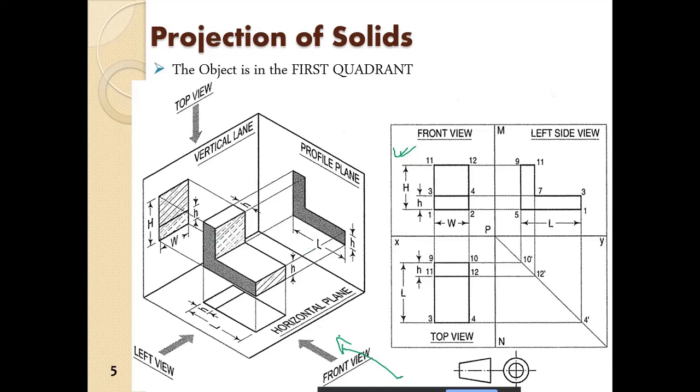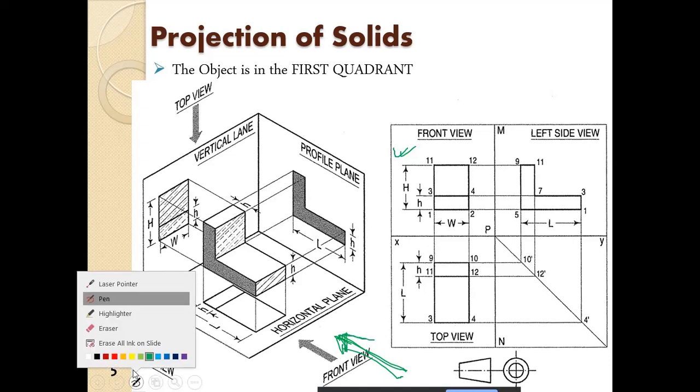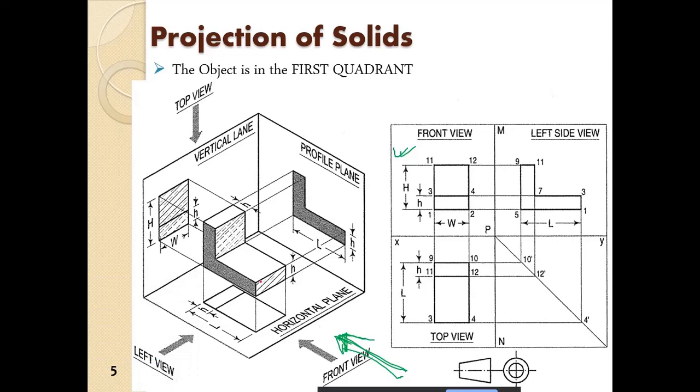So when you look from the front, you will see this surface and this surface. So both of these two surfaces will be projected on the vertical plane.